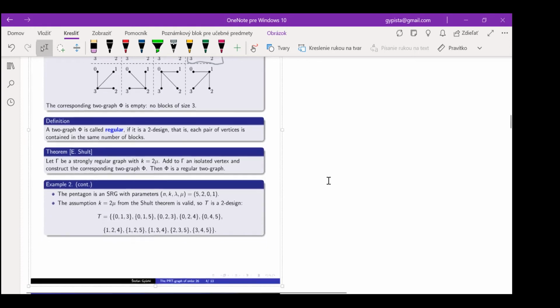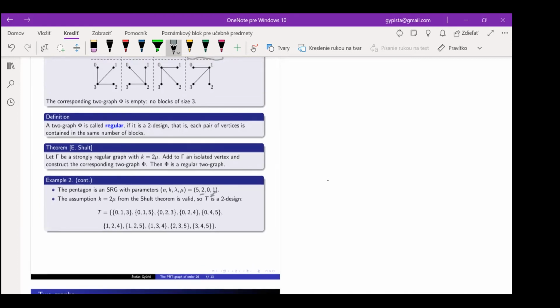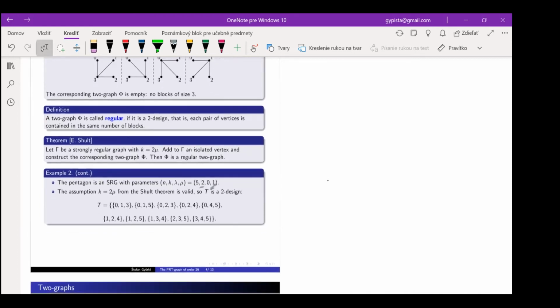For example, the pentagon satisfies this condition between parameters, because really k is 2, mu is 1. So the corresponding two-graph is a two-design, and this we already saw in example 2, and we can check it on some pairs.